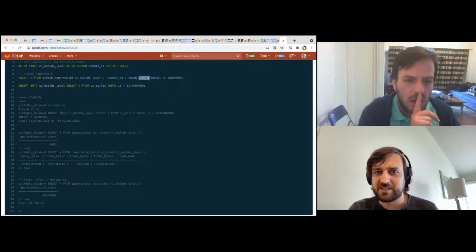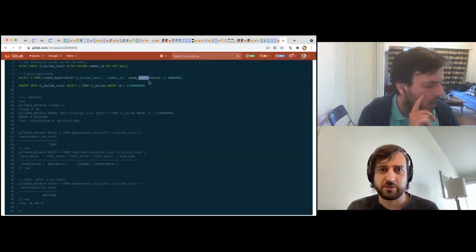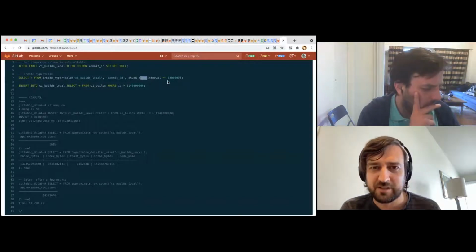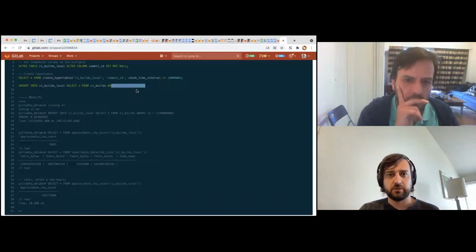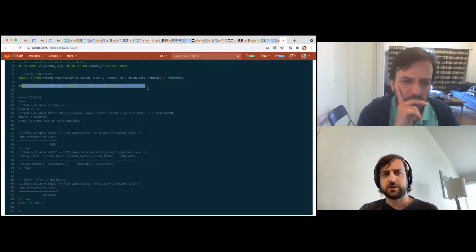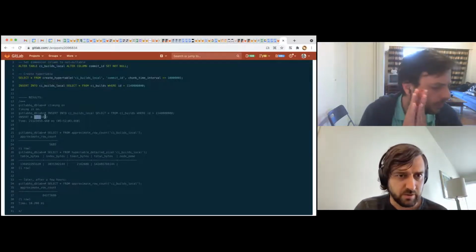It's called time because originally they created it for time, but integers are also supported, so we need to ignore this word here. And I took 1 million, but I worked only with partial data. You see it here. I filled only, I believe, the last 2 months, March and April, because it was already a lot. You can see a lot of data here.